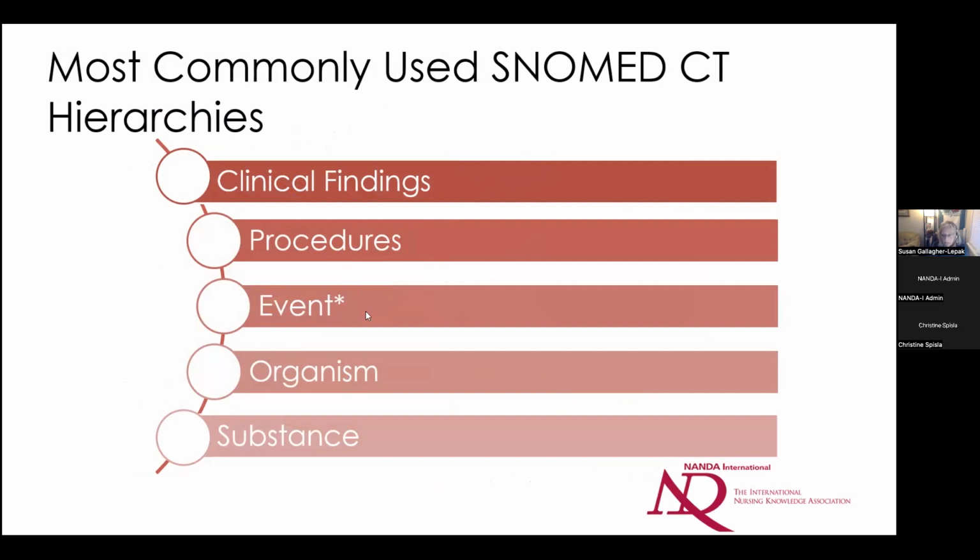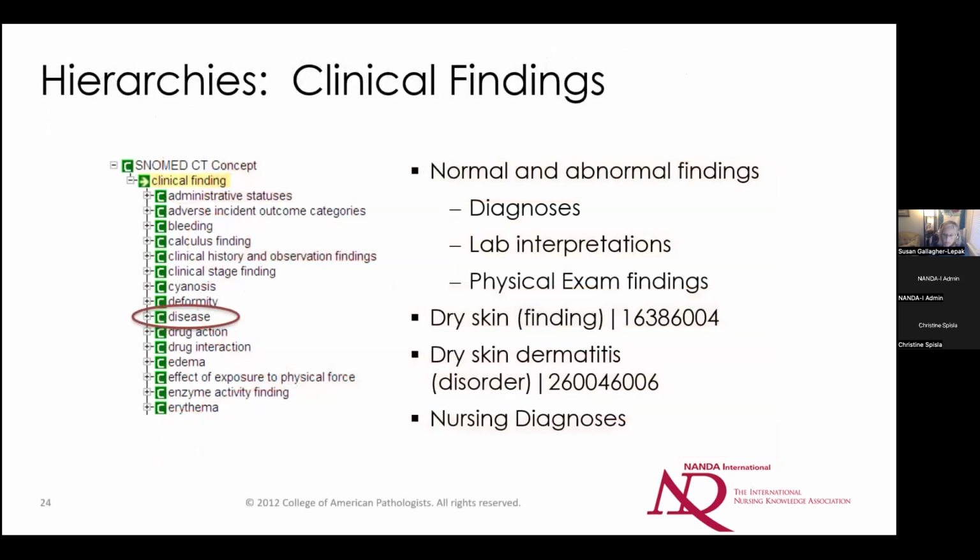The events hierarchy, and I'm going to talk about that. That's why there's a little asterisk there. It's not a big hierarchy because I didn't point that out in our little pie chart there, but it's important, and I'll tell you why. And then organisms and substance, which the nurses don't necessarily document on. So let's take a deeper dive into these most commonly used hierarchies.